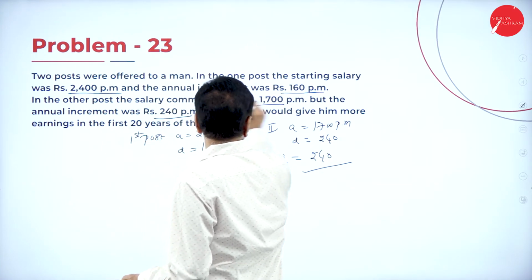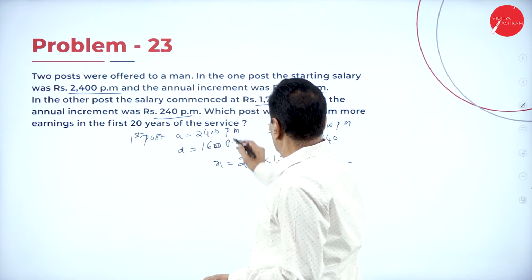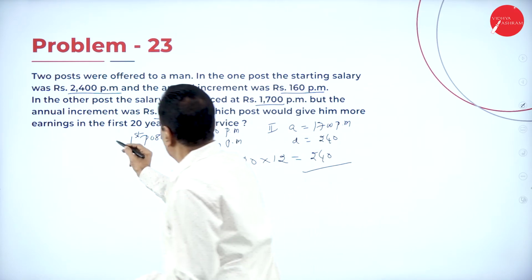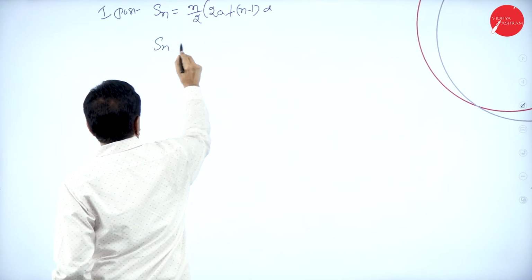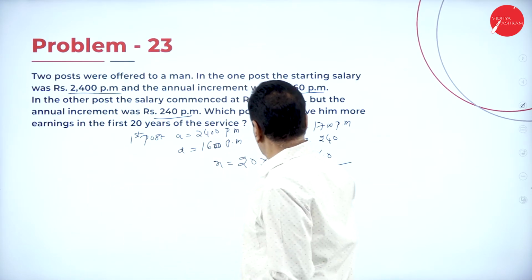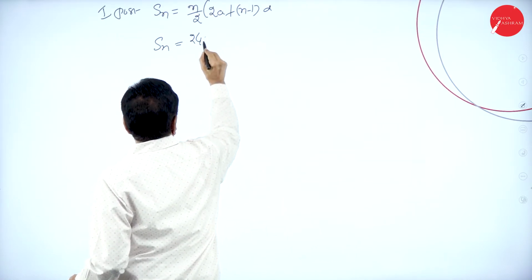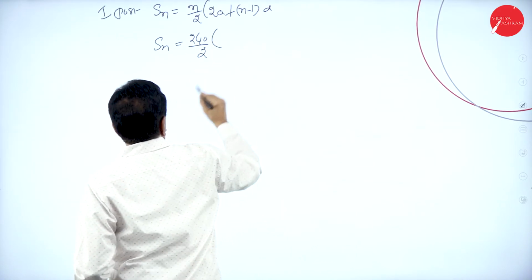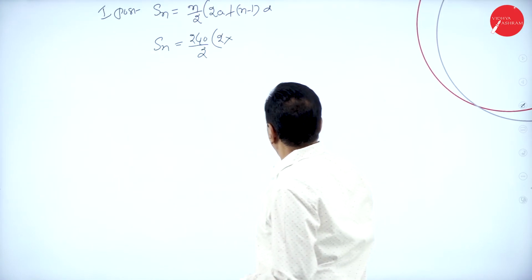He wants the per month, which would give him more earning. Sn is equal to, how many months is n? 240, divided by 2, into 2 into per month how much? 16. Per month.